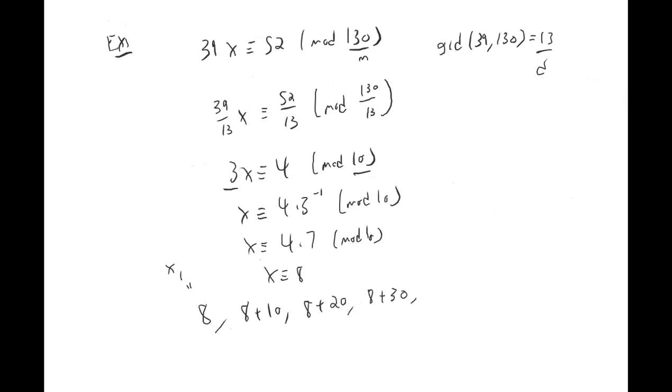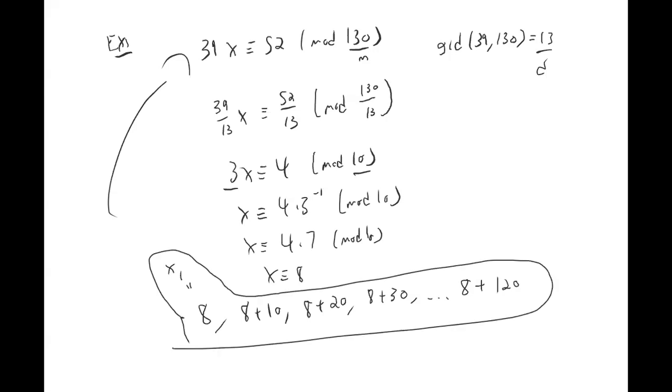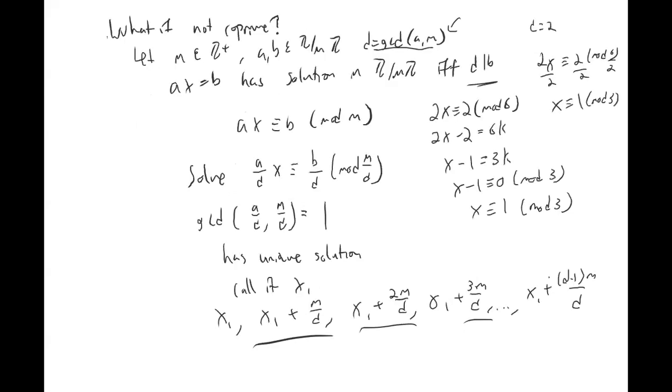These are all solutions to this equation. All the way to 8 plus d minus 1, so 12 times 10, which is 120. So you have d solutions. I forgot to write that, but there are d solutions total.